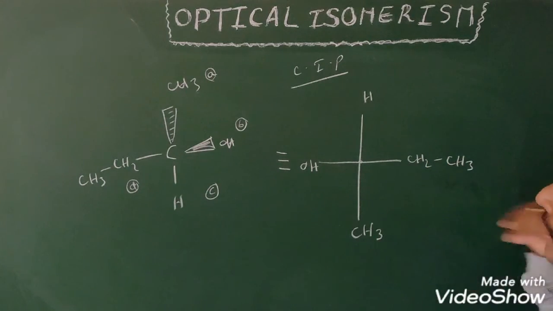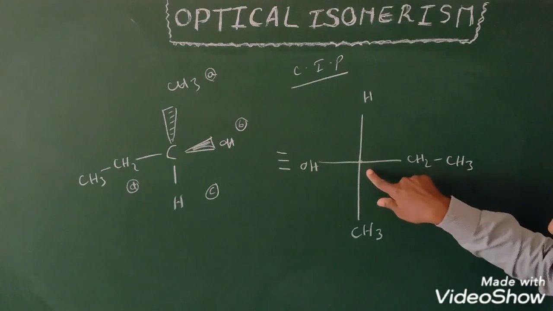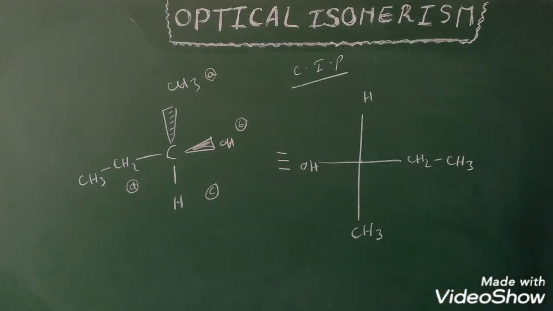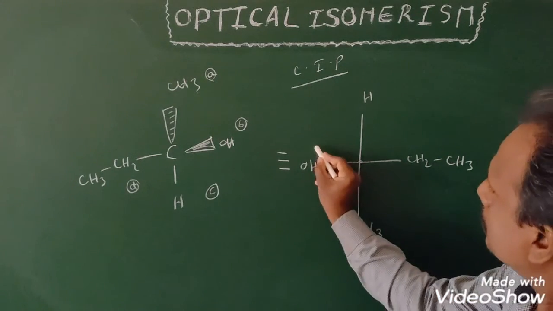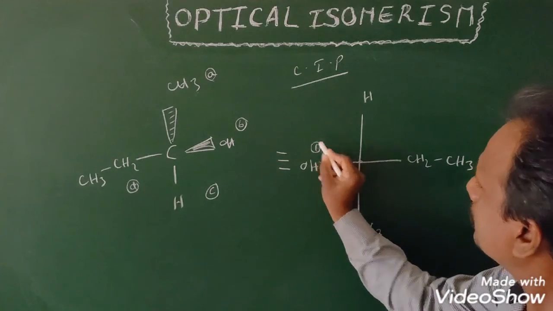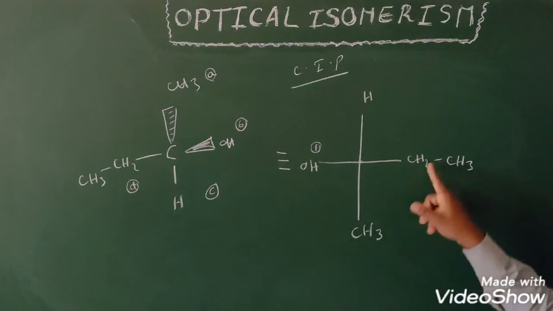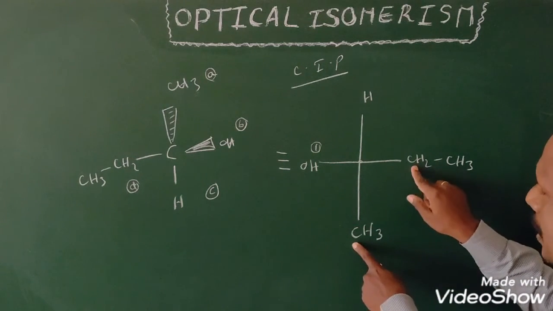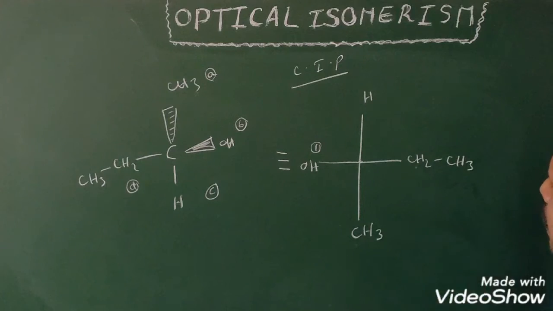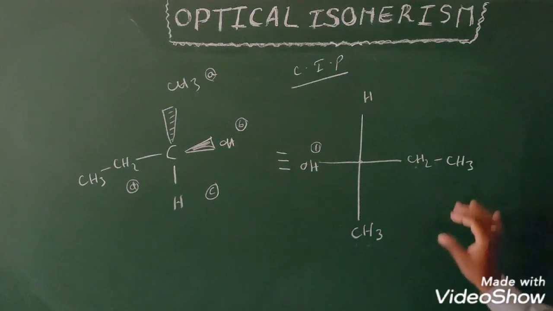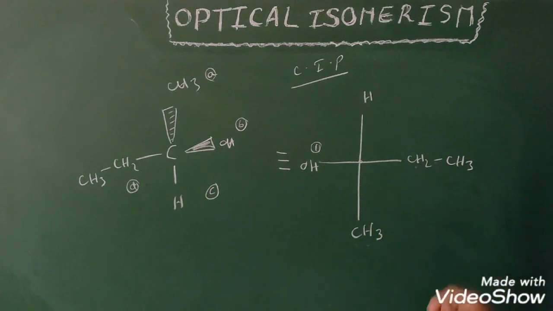What is the chirality of this carbon? It is 1 because oxygen has the higher atomic number. It is 2 because the atom is the same, the hybridization is the same, then we consider the nature of carbon. These two are hydrocarbon groups, so the nature of carbon is primary and secondary. Priority will be given to secondary carbon.